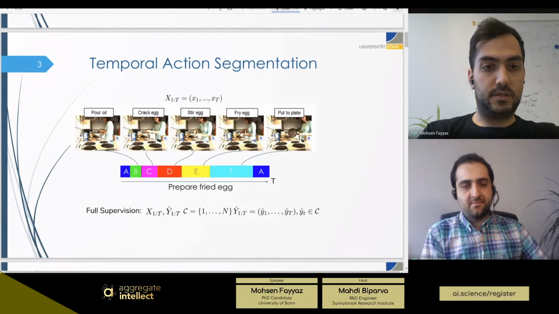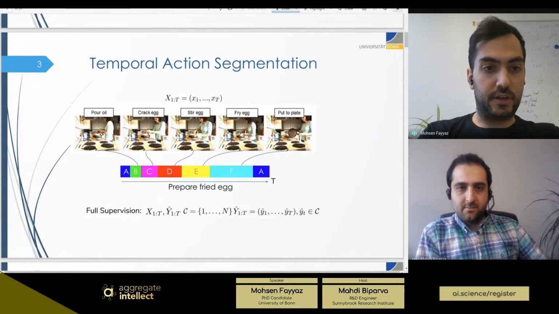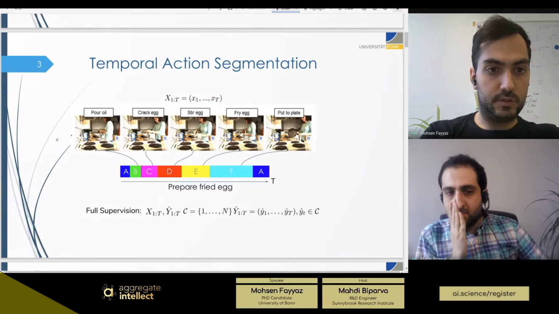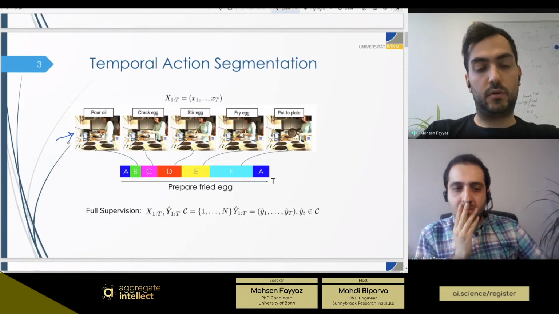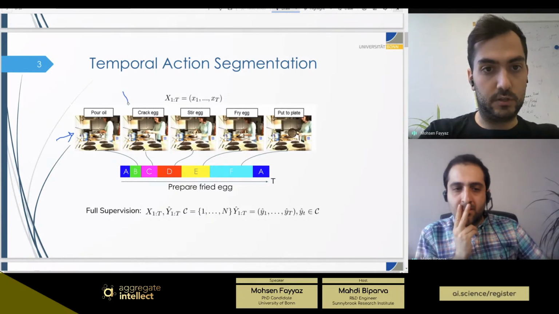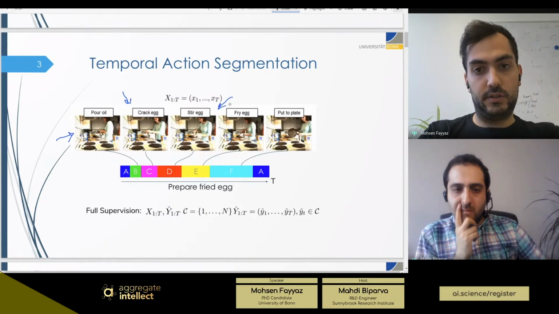In the first section of the frames, the person is doing the action of pour oil, and in the next one, she's cracking the egg. After that, stirring the egg, frying the egg, and then putting the egg on the plate.